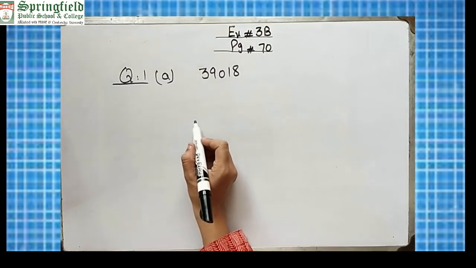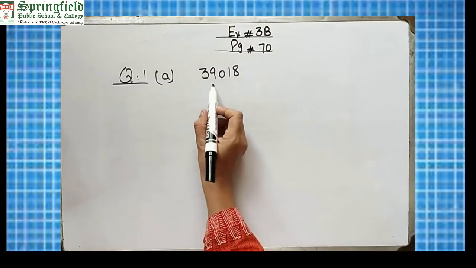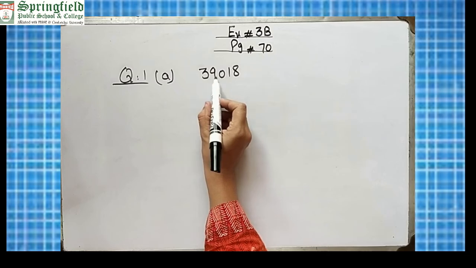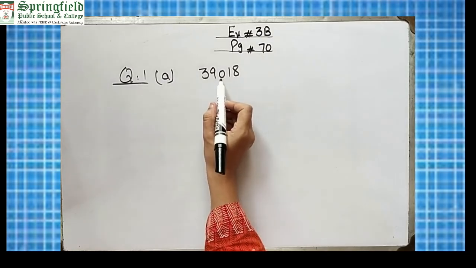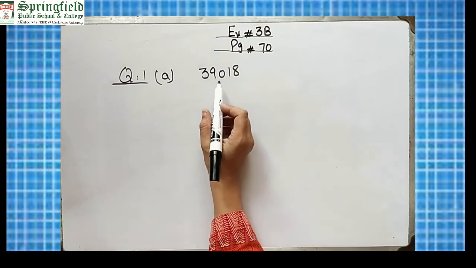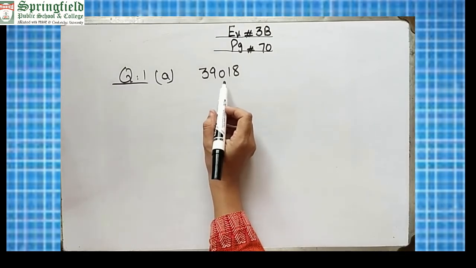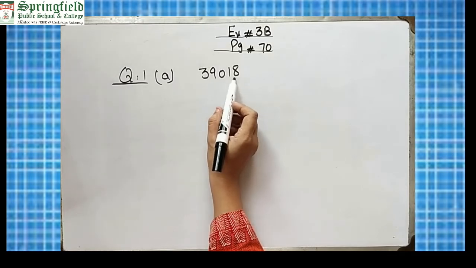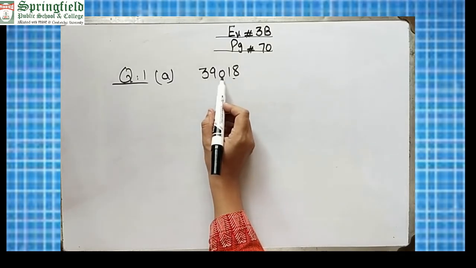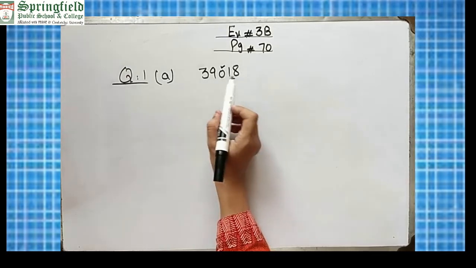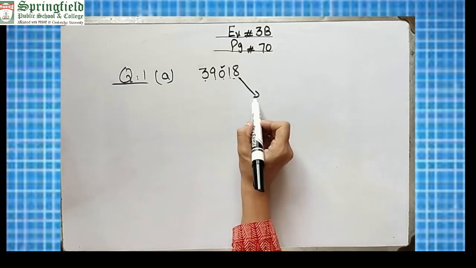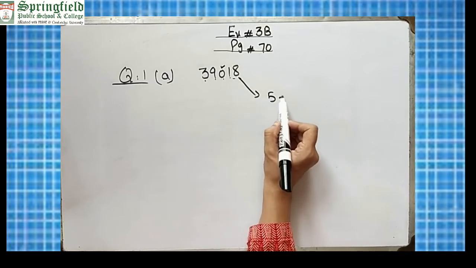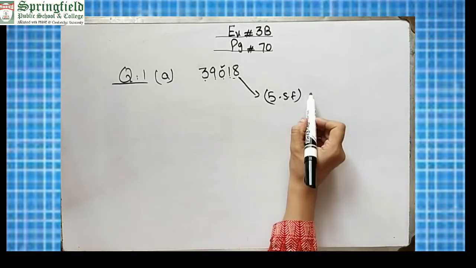So beta, how many significant figures are here? 1, 2, 3, 4, 5. As we have already discussed, there are 5 rules. The second rule was, the zeros between the non-zero digits are significant. It means this 0 is significant. So 1, 2, 3, 4 and 5. The given number has 5 significant figures. And this is your answer.